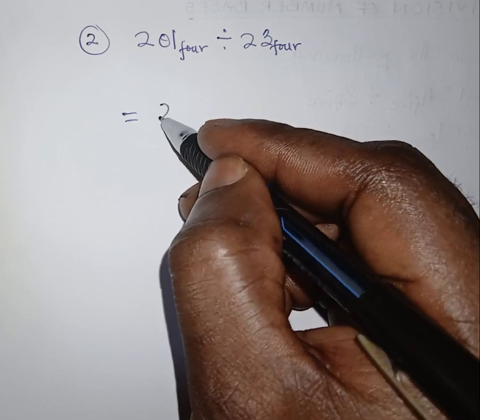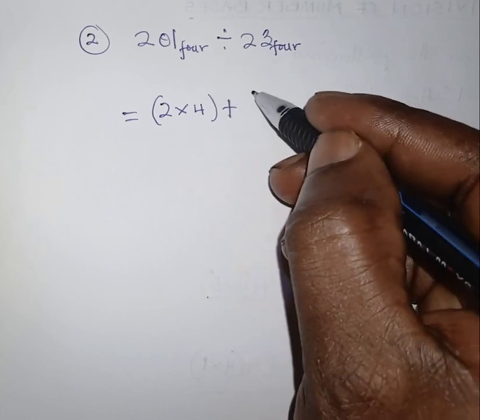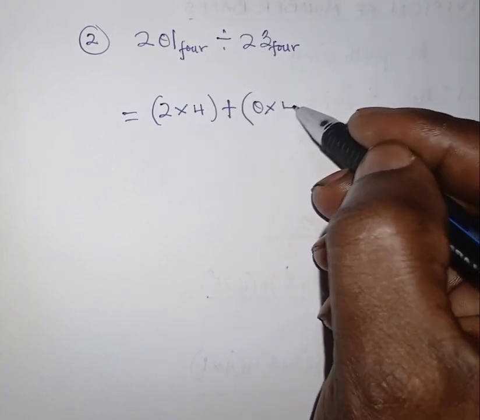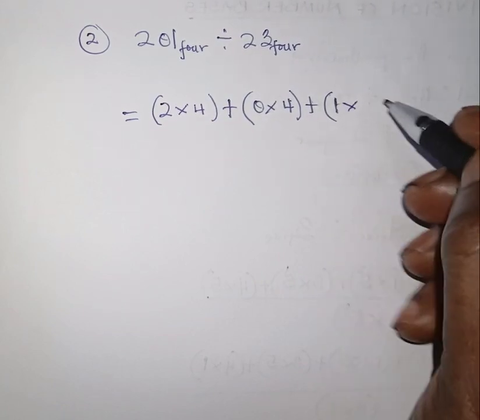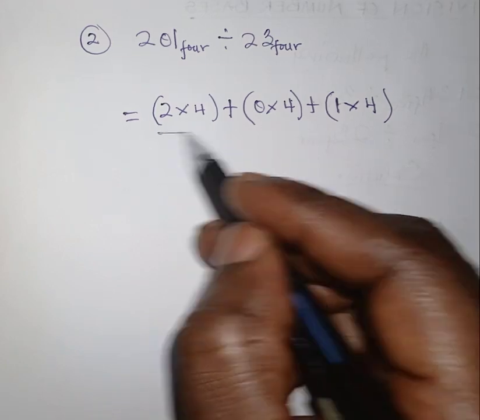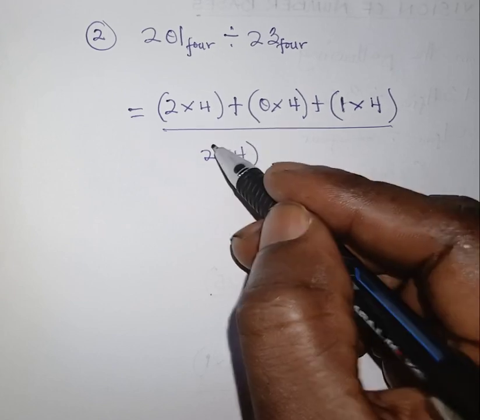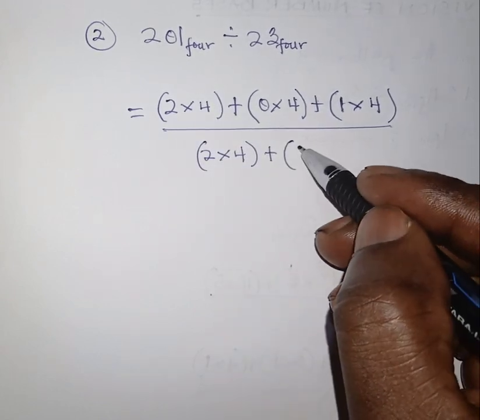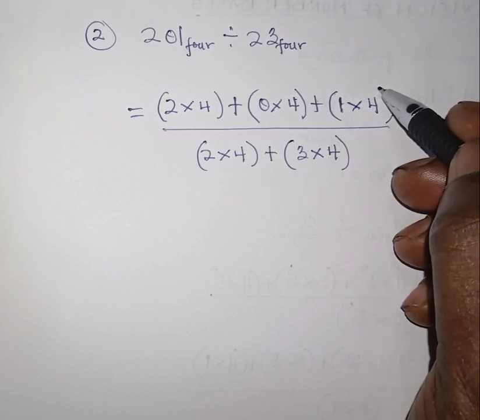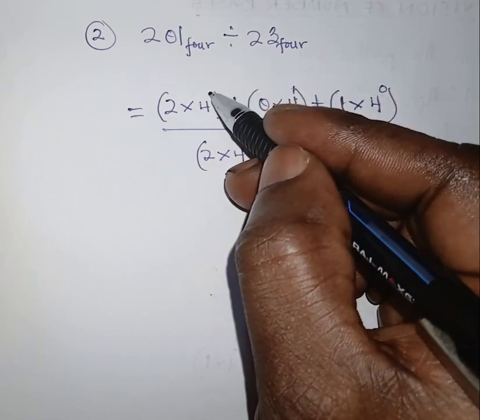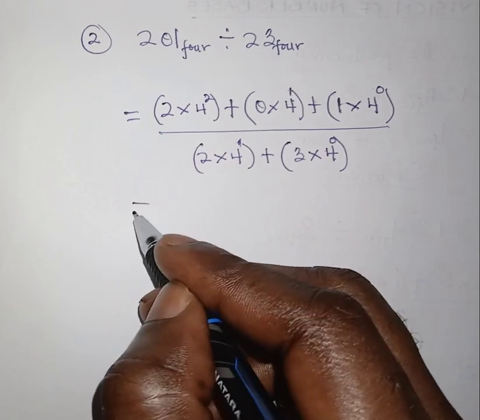So we have 2 multiplying 4 squared, plus 0 multiplying 4, plus 1 multiplying 4 to the power 0, all divided by 2 multiplying 4 plus 3 multiplying 4 to the power 0.